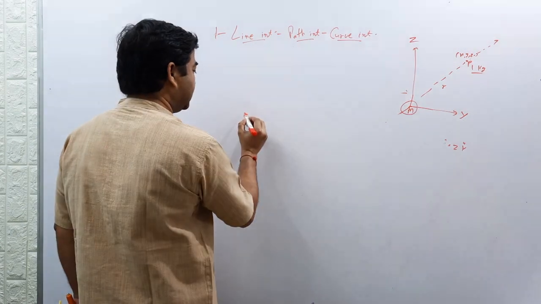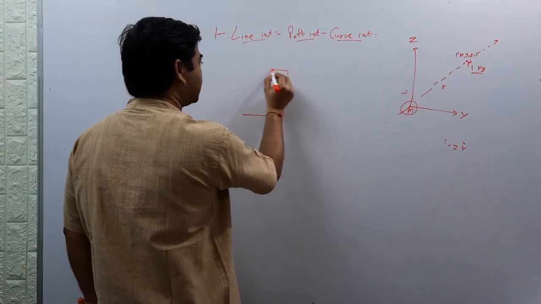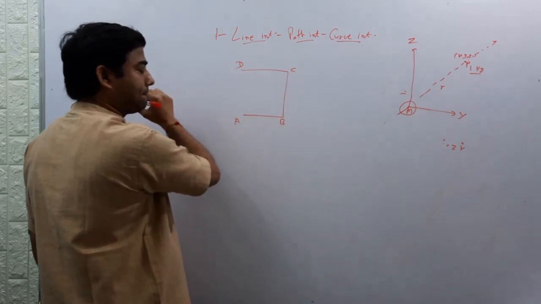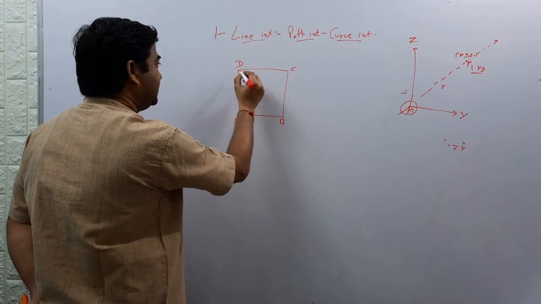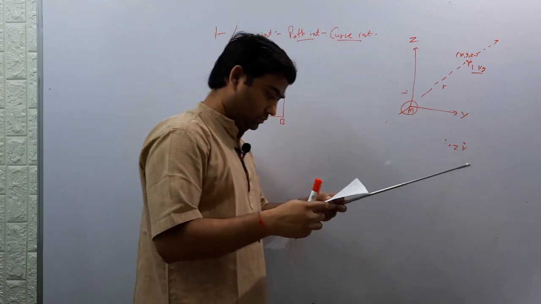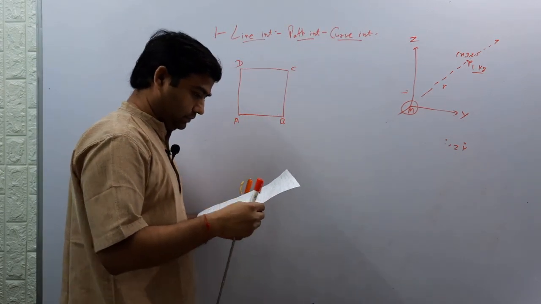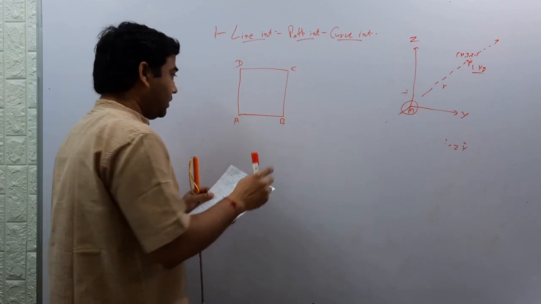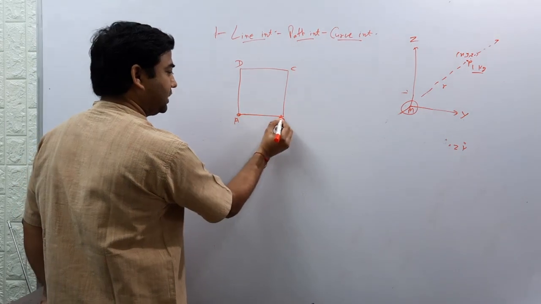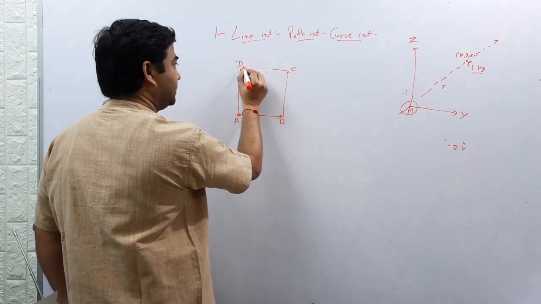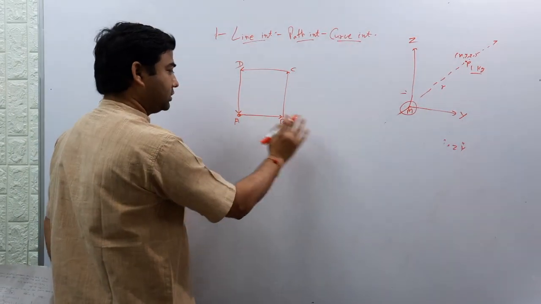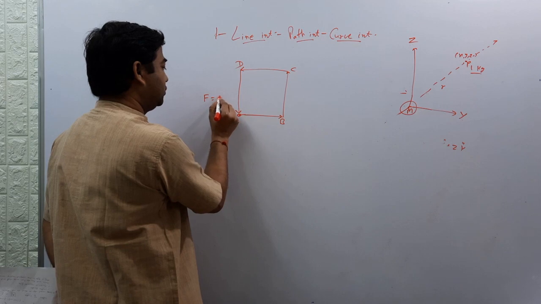So, just take another example. Let this be A, B, C, D. A particle moves along AB, then BC, then CD, then DA, and there is a constant force F equal to 5 Newton.